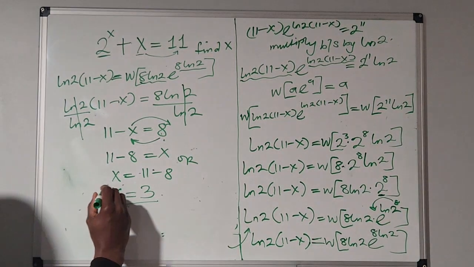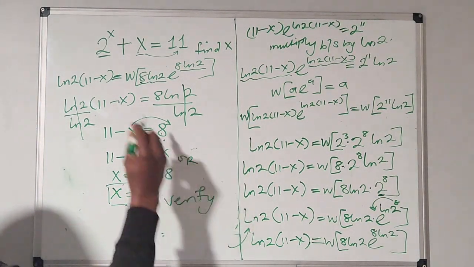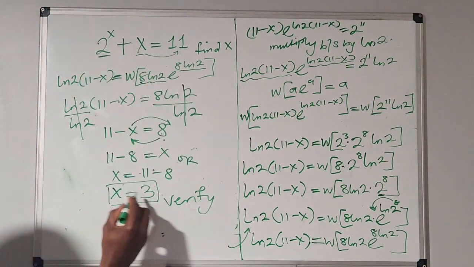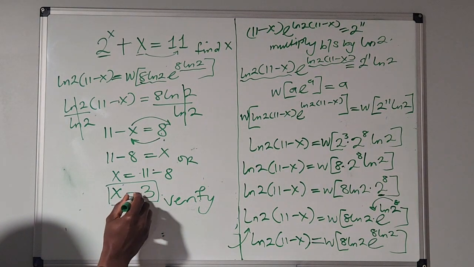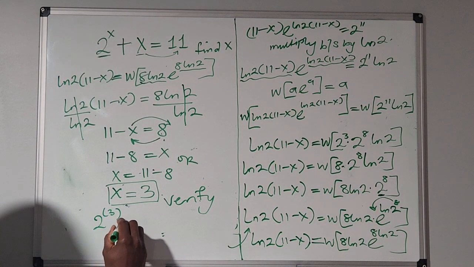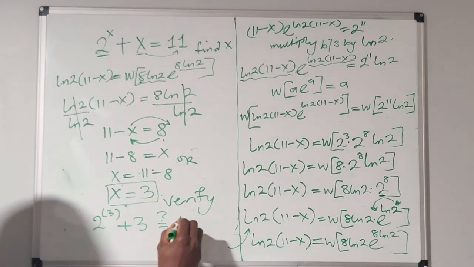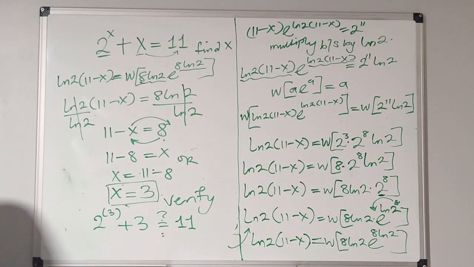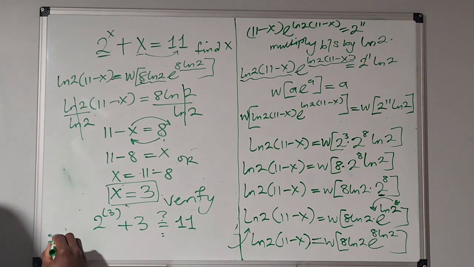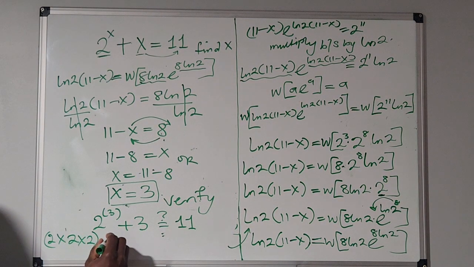This is our answer. Now to verify this, this is our equation. So if we plug in the value of x, which is 3, in there, we have 2 raised to the power 3 plus 3. We're trying to find out if that is equal to 11. 2 raised to the power 3 is 2 times 2 times 2, which is what? 8. Okay.